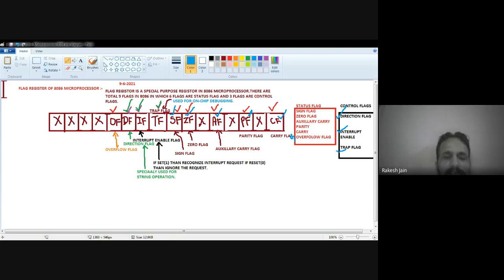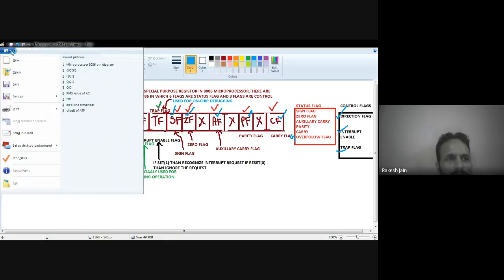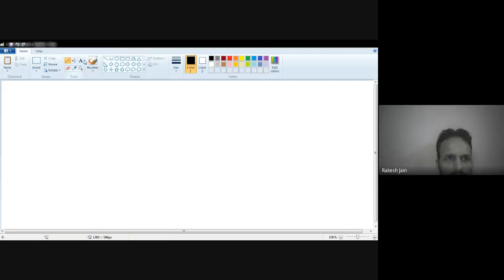The address bus is 16-bit in the 8085, whereas it is 20-bit in the 8086. So apart from the flag register concept, now we see a new thing, the difference between the 8085 and 8086 microprocessor. Let us see this PPT.